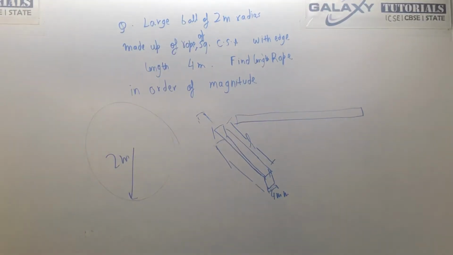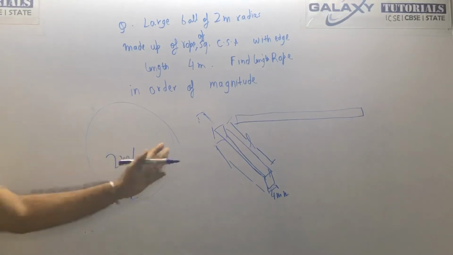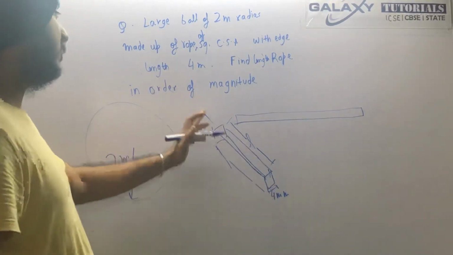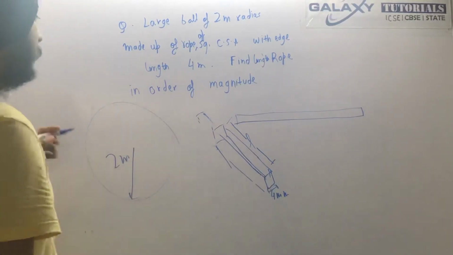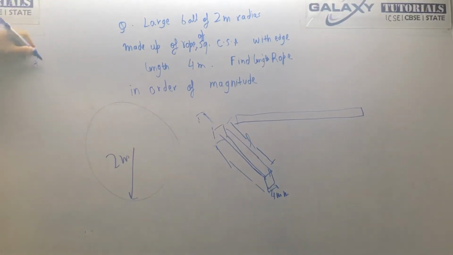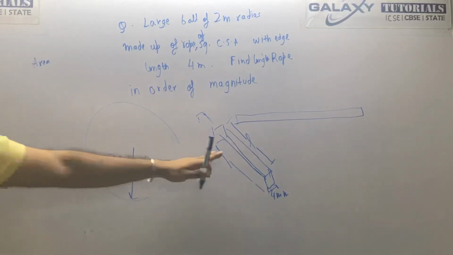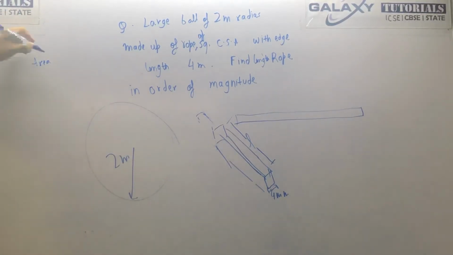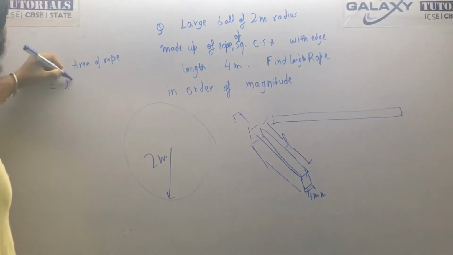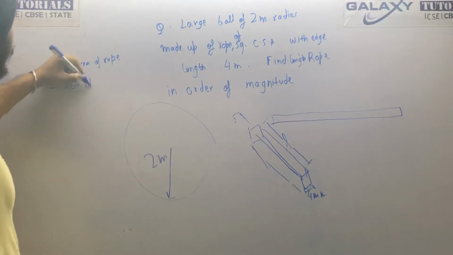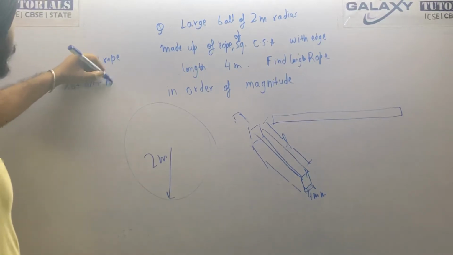So what is the total area of the rope? You can assume this rope as a cuboid, because it has a square cross section and the length you don't know. So the area of the rope will be LB plus BH plus HL.